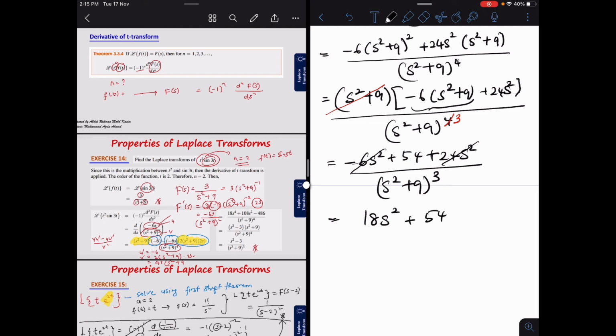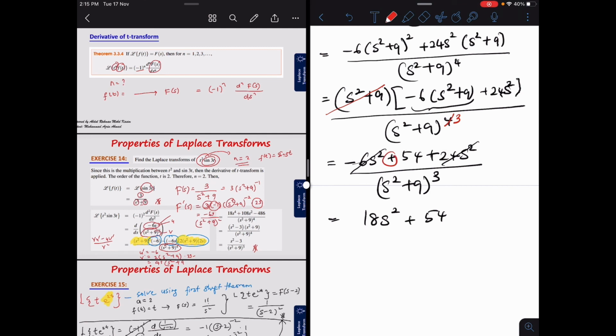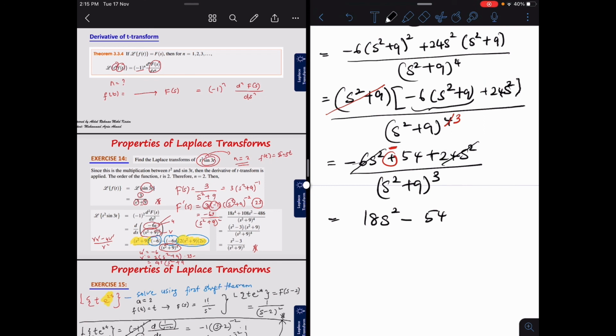Okay, is it plus 54? Okay, please be careful. Look at here, class. Please be careful. We have over here, then it should be minus. So here should be minus, so we have minus 54 over s squared plus 9 power of 3.